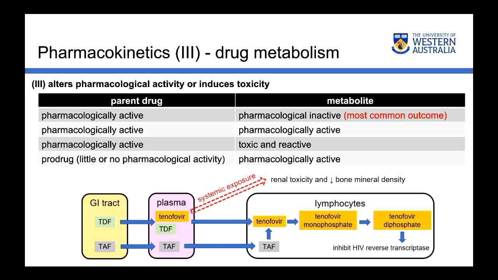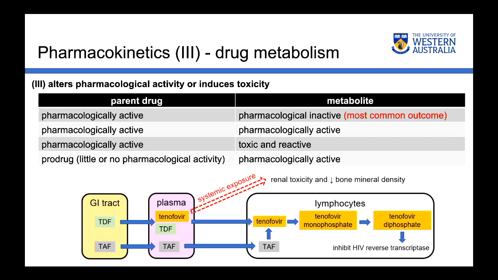So that's a very common outcome. There are other possible outcomes. The drug itself is pharmacologically active, and the metabolite is also pharmacologically active. Then we'll extend or prolong the action of the drug because both the parent drug and the metabolite are active. So that's fine, that's not an undesirable outcome.